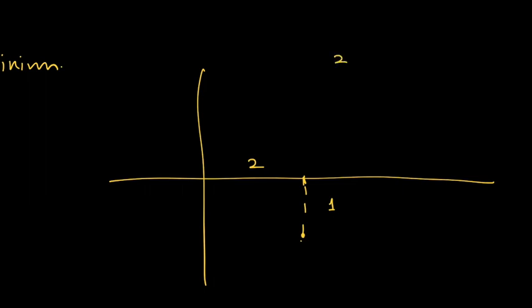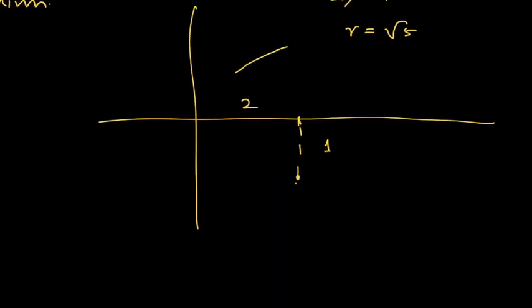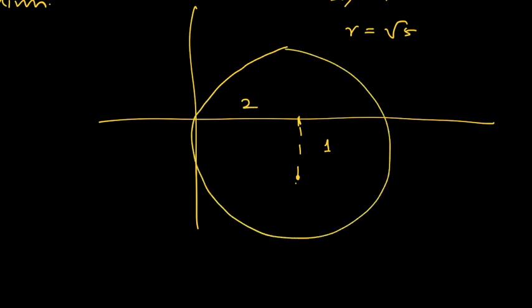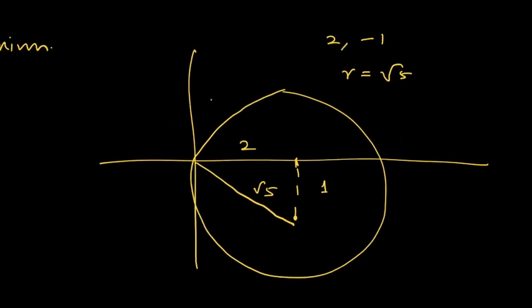Because the center is (2, minus 1) and the radius is root 5, it means that the circle passes through the origin. Okay, because this is going to be root 5 units. Cool. And where will our S lie? S will be the set of all points lying on the circumference or outside this circle.